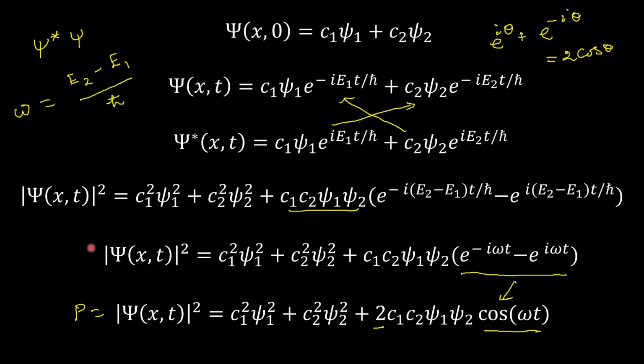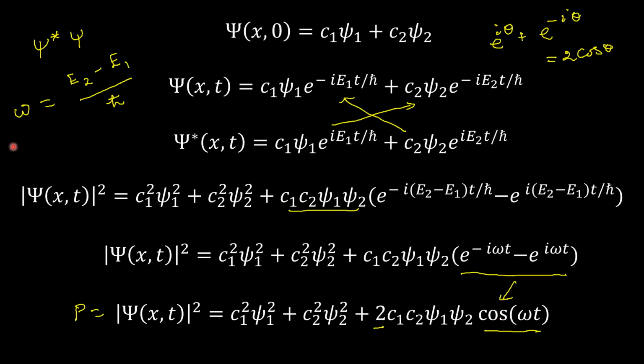So if you take a linear combination of two stationary states, you will get a time dependent state. Stationary state means independent of time, but here you can see the probability is time dependent.